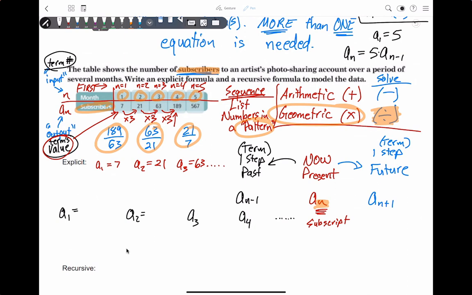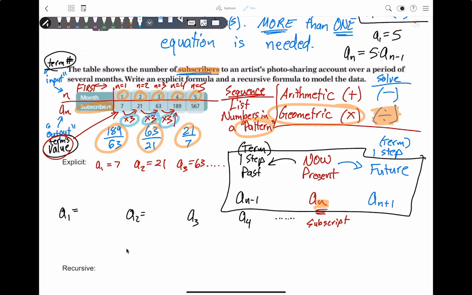Again, it all revolves around this interpretation of the now, the past, and one step into the future. Okay, so here we go. We know that the pattern that we showed was multiplying by 3. This goes very closely related to our a times b to the x exponential model that we've studied in the past couple of days.